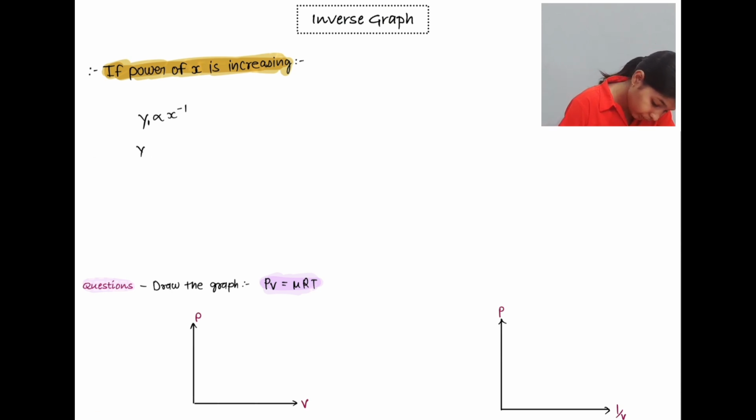Next, y2 is directly proportional to x raised to the power minus 2.